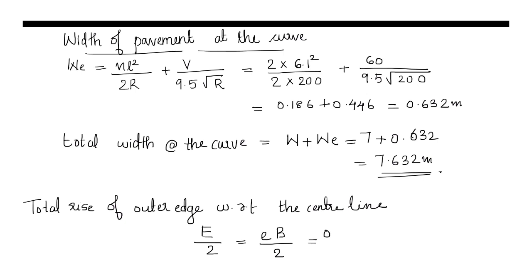Rate of super elevation we have taken as 0.07 and width of pavement is 7.632, that divided by 2. Okay, and that is equal to 0.27 meter, that is the raise of outer edge with respect to center line will be around 0.27 meter.